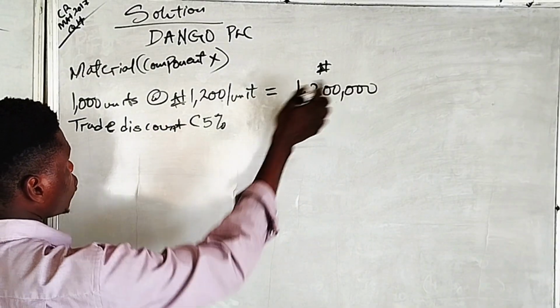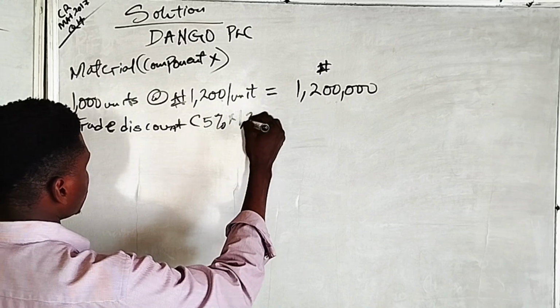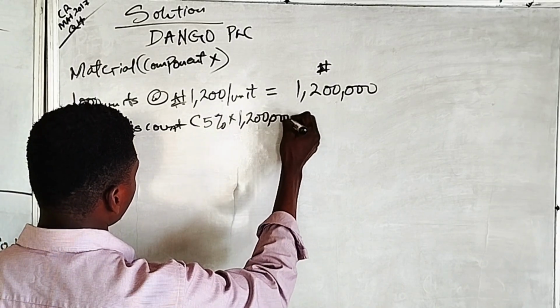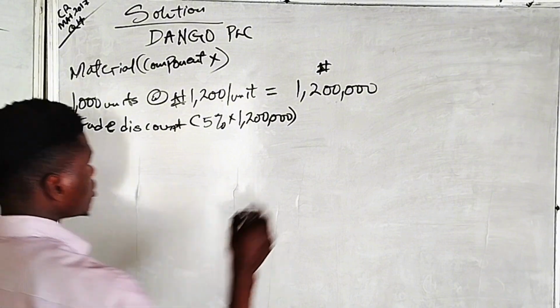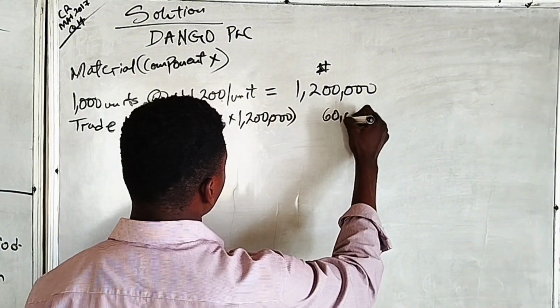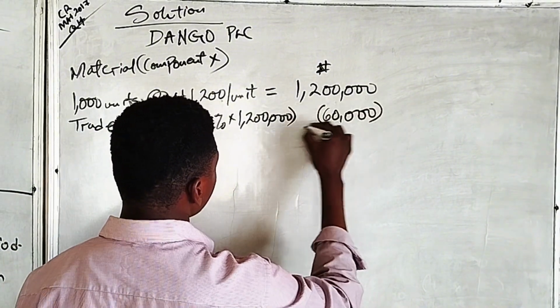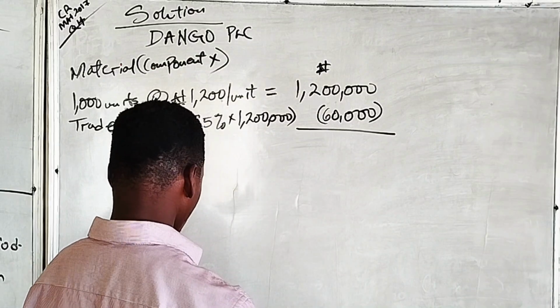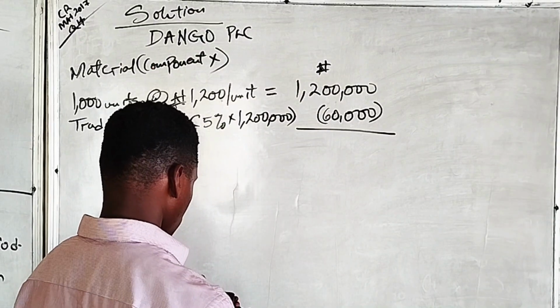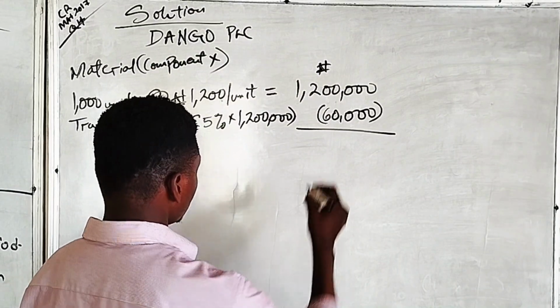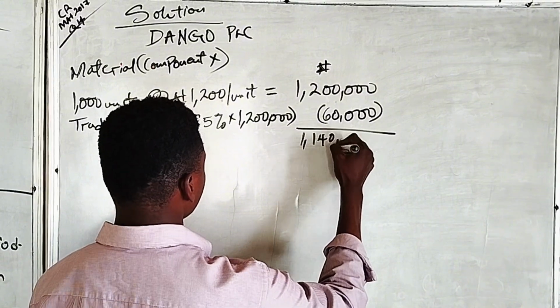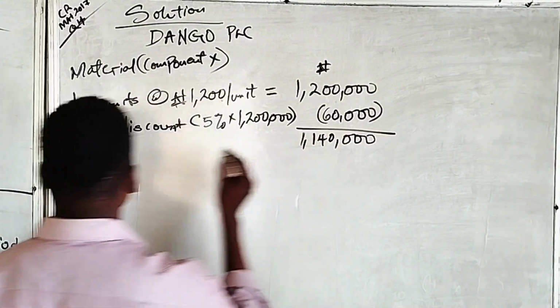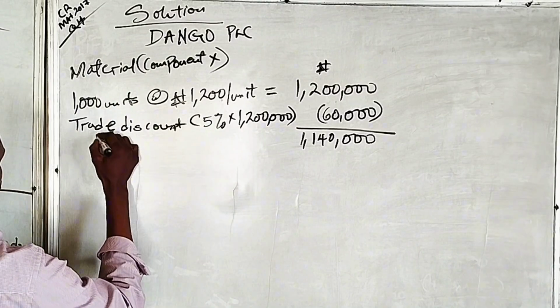So 5% of 1,200,000 will give us 60,000. So we're deducting this. We have 1,200,000 minus 60,000, so we have 1,140,000, which is the net amount.